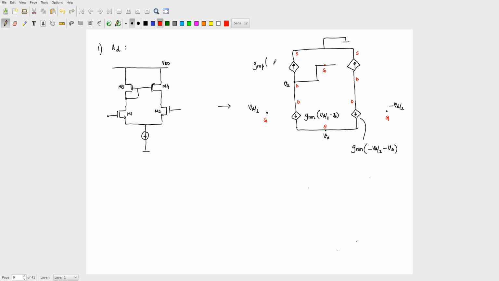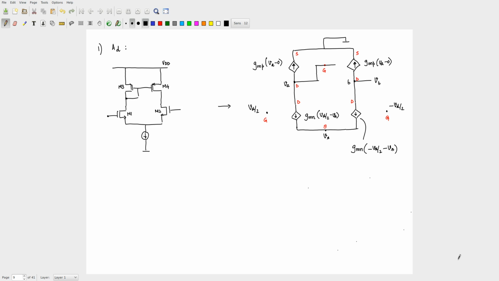So this is GMP into VA minus 0. This is again GMP into VA minus 0. And the output that I am looking for is here. Let me call that node VB, and I am looking for VB.